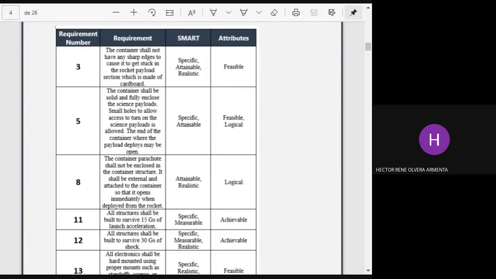Because if you think about it, the structure should be solid and not a weak structure. It has to be in optimal conditions, and it has to resist some pressure and some acceleration to accomplish the launch.